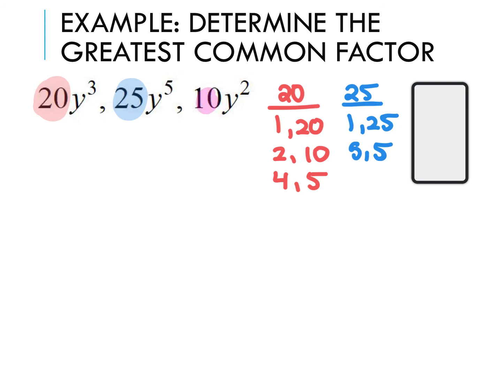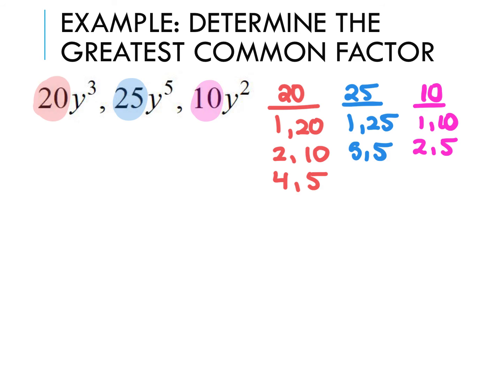And lastly, I list the factor pairs of 10. So I get 1 and 10 and 2 and 5. Now the common factors that are the same in all of them is they all have a 1 and they all have a 5. So the greatest of these common factors is 5.